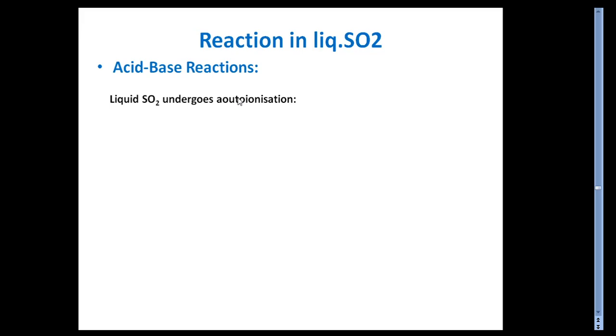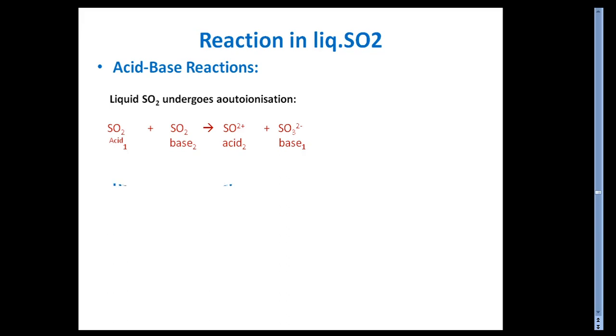Liquid SO2 undergoes autoionization, and this is the reaction: acid 1 and base 2 combine, and SO2 and base 1 are formed. We have already discussed this reaction in the ammonia section, but we are discussing it again here for liquid SO2 as a solvent.